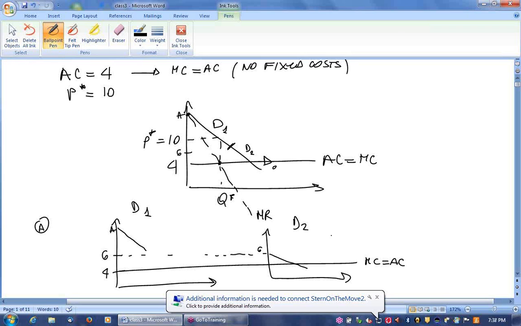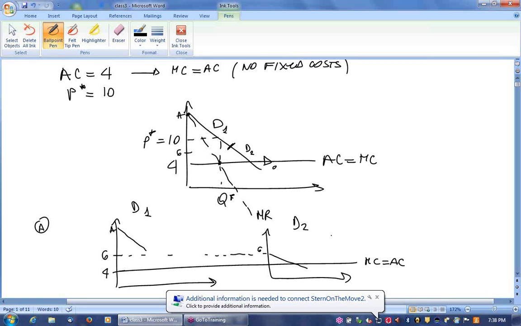Okay, so here we are asked what is the maximum price that the monopolist would pay. We are looking for the maximum price that the monopolist is willing to pay to use this service and split the demand.